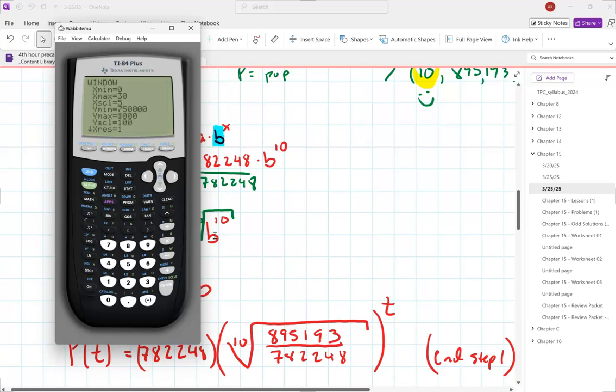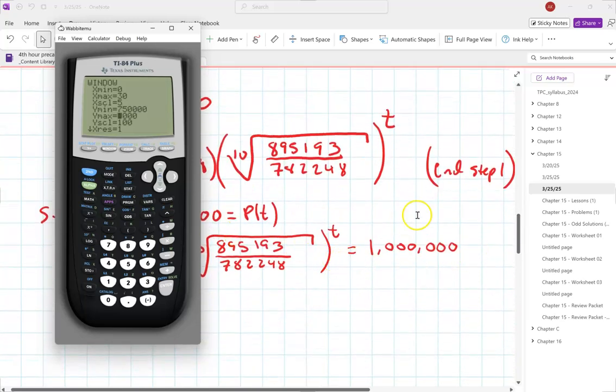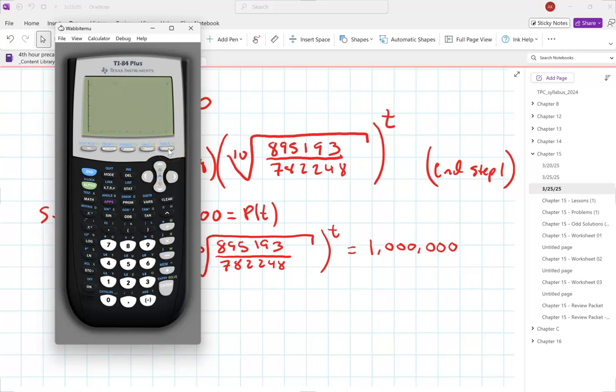And then the biggest my y needs to be, well, I don't know what that's going to be, but I know it needs to be bigger than 1 million because I have to see the intersection. So maybe I'll do 1.25 million. Everybody feel okay there? So that should be all set.